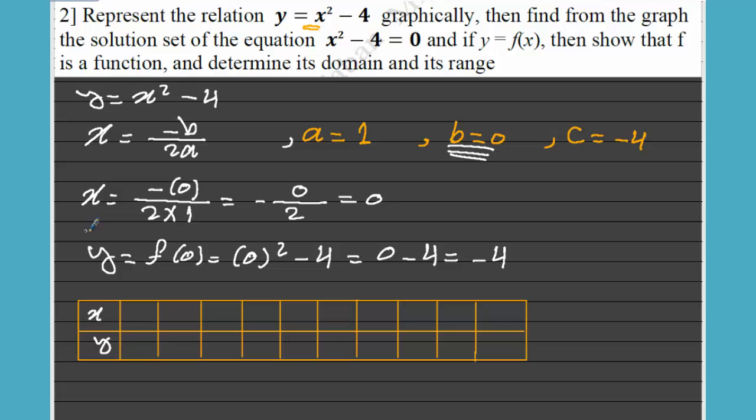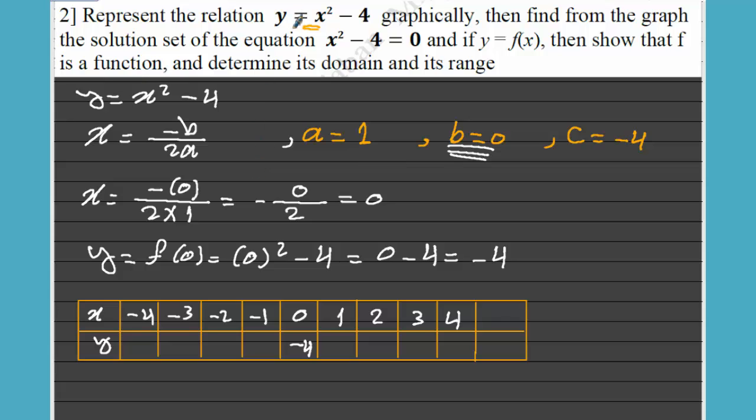We put the coordinates of the vertex at the middle of the table, 0 and negative 4, and we complete the table choosing some integers on the right of 0 and on its left. So I write 1, 2, 3, 4, and here negative 1, negative 2, negative 3, negative 4.